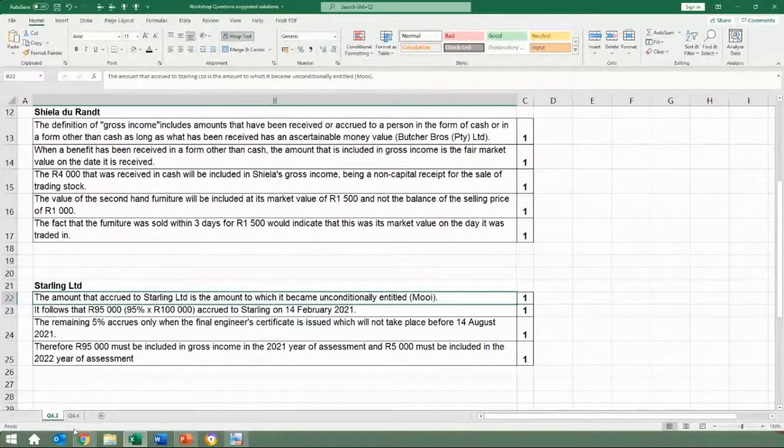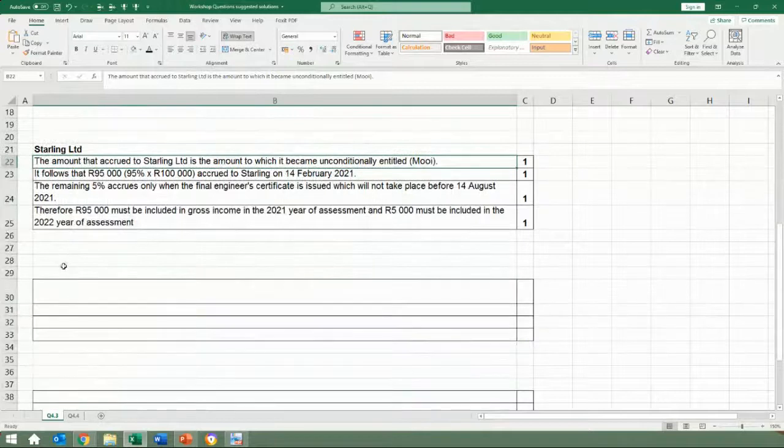So that means that 95% of the 100,000 accrued to Starling on the 14th of February, and the remaining 5% will only accrue once that certificate is issued. So therefore, 95,000 will be taxed in gross income in the 2021 year of assessment, whereas the 5,000 would be taxed in the 2022 year of assessment.